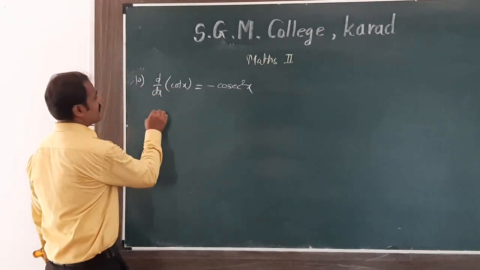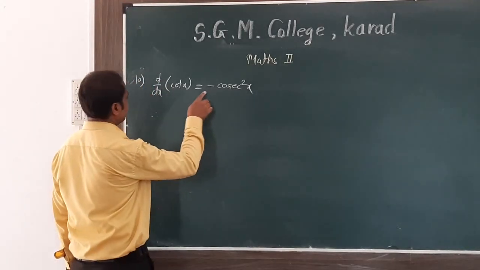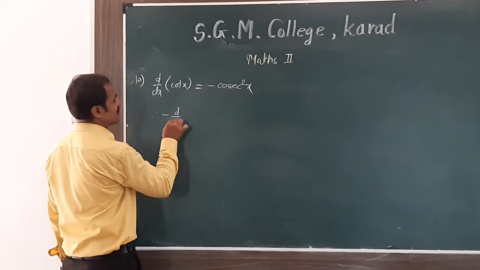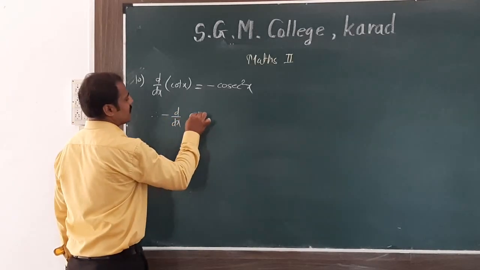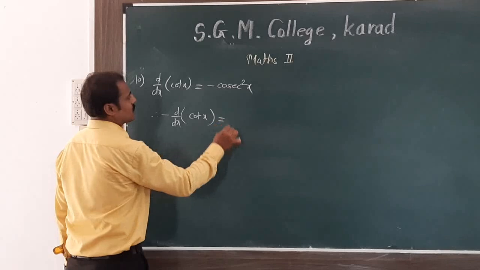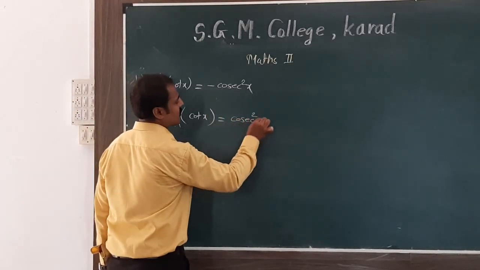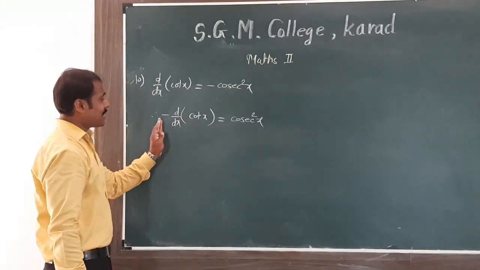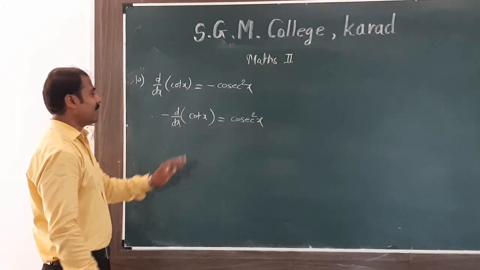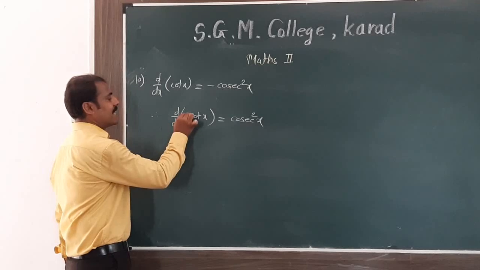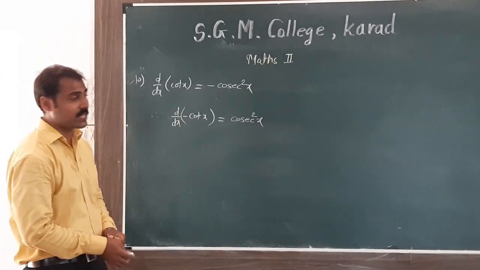So multiplying both sides by minus sign, minus d/dx of cot x is equal to minus minus becomes plus, it's cosec square x. Take minus sign inside the derivative symbol. So d/dx of minus cot x is cosec square x.